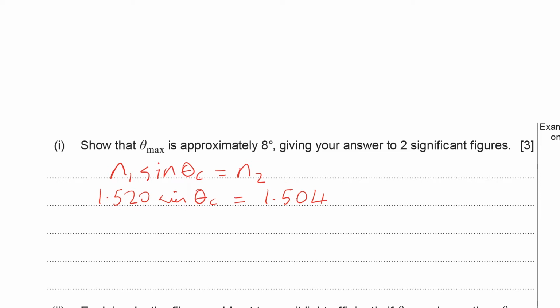If you manage to get those numbers the wrong way round, your calculator will come up with a syntax error. So we can calculate theta c from sine minus 1 of 1.504 over 1.520. We type that into a calculator, making sure that we're in degrees mode, not radians mode. We're going to get an answer of 81.7 degrees.